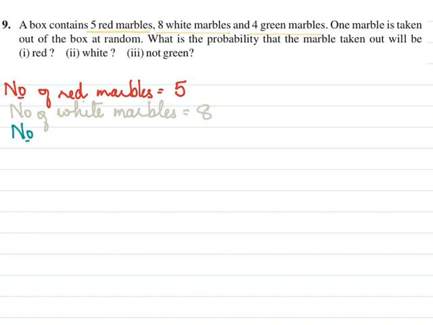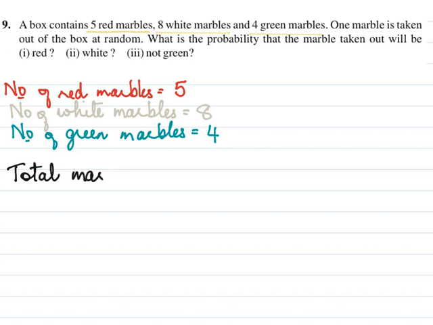And then we have the green marbles, so number of green marbles equals 4. So in the first step we find the total marbles. So total marbles we add up, that is 5 plus 8 plus 4 equals 17. So total outcomes are 17.